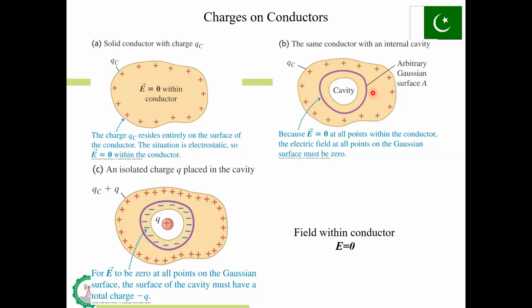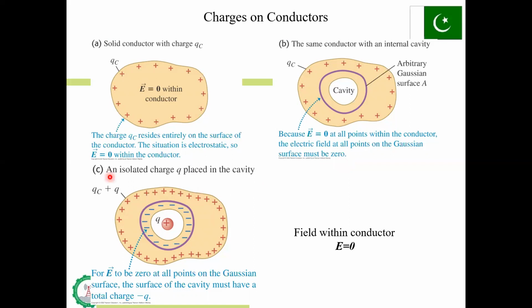If there are charges, take an arbitrary Gaussian surface, and this is a cavity inside the conductor, charges reside on the surface of the conductor. The same conductor with an internal cavity is shown, in which electric intensity is zero at all points within the conductor. The electric field at all points on the Gaussian surface must be zero.